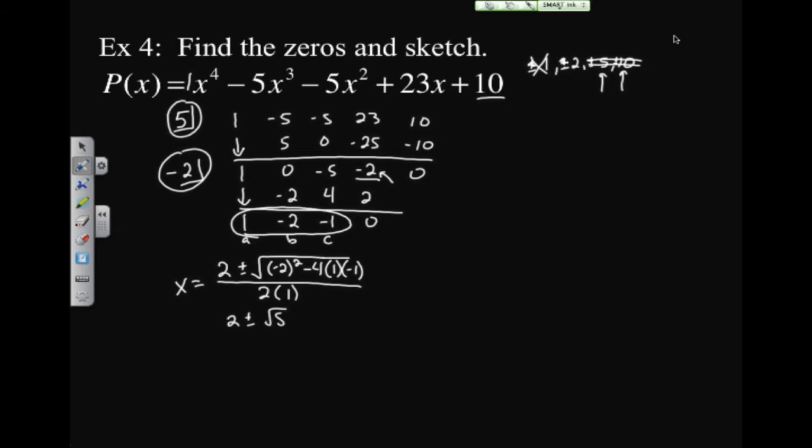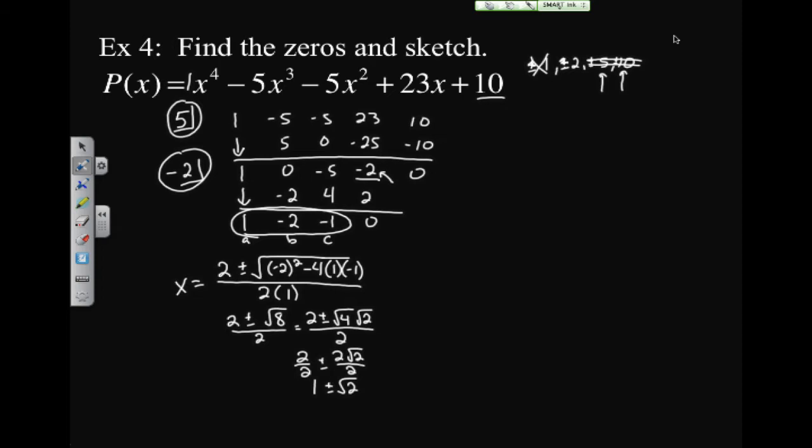So square root of 8. And that's a 2. And again, we can simplify this. 2 plus or minus square root of 4 and square root of 2. So 2 over 2 plus or minus 2 square root of 2 over 2. And so we find out that these zeros are 1 plus or minus the square root of 2, which are some numbers relatively close to 0.